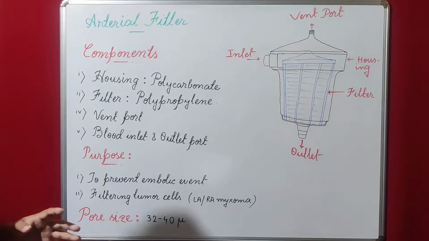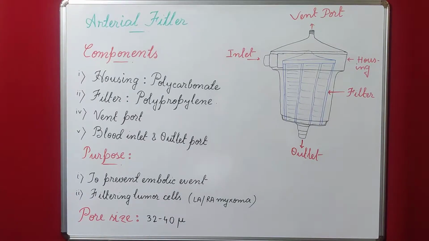And just like other equipment, it has some limitations also. Obviously, as it is a foreign body, it will cause activation of the complement system, the immune system, and clotting factors.